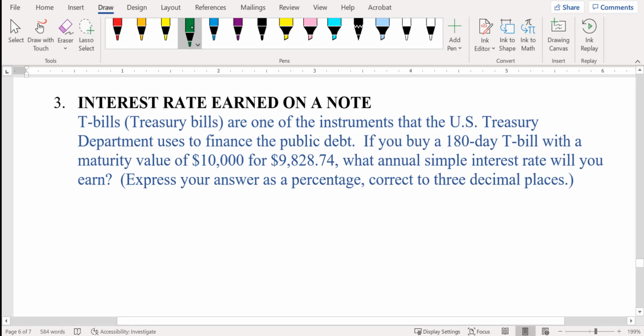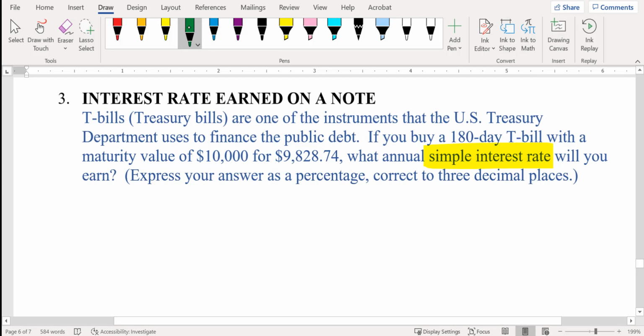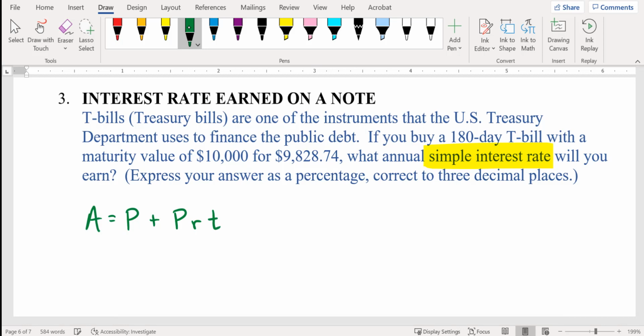So I'm going to use some keywords here. Simple interest rate. That clues me into using A equals P plus PRT, and I'm going to solve for R.